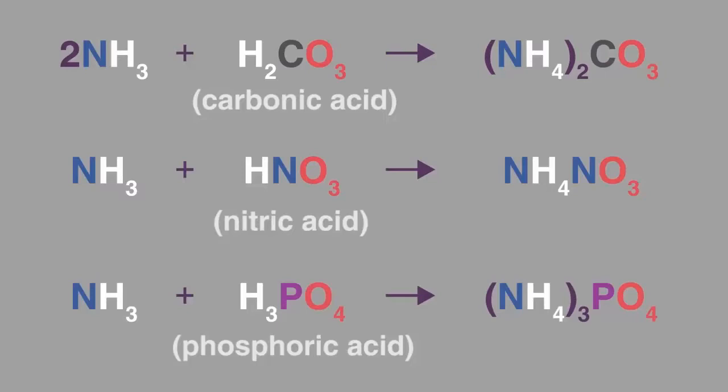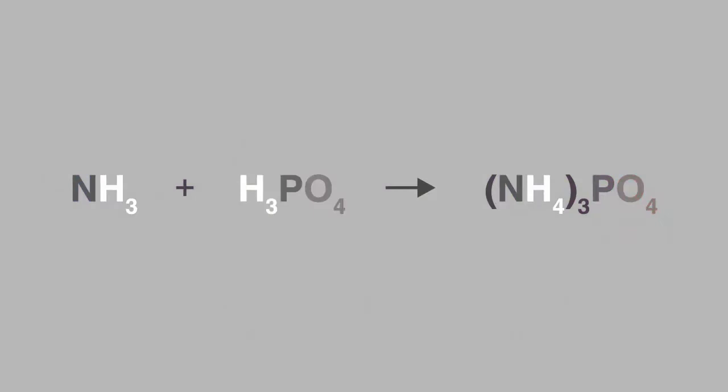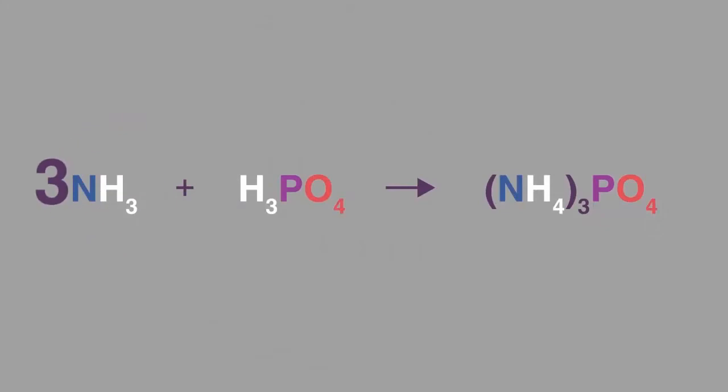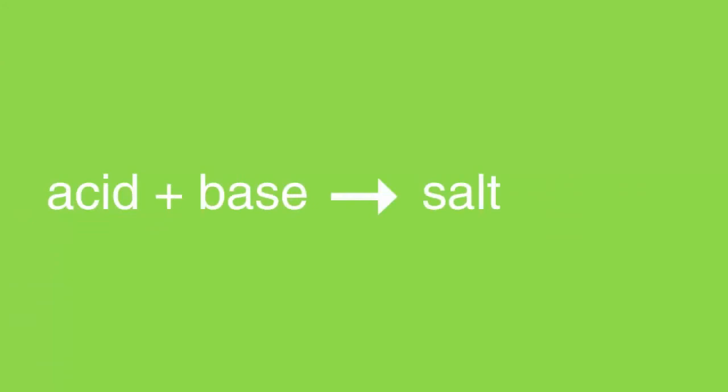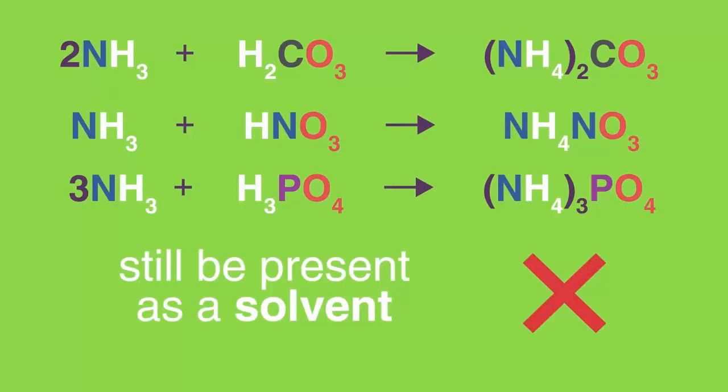Here's a final little challenge. See if you can balance the final equation. Pause and continue when ready. Here's the answer. How did you do? You might have learnt that an acid plus a base gives a salt and water, and that's quite right most of the time. But interestingly, as you can see, these reactions do not yield water, although it will still be present as a solvent.